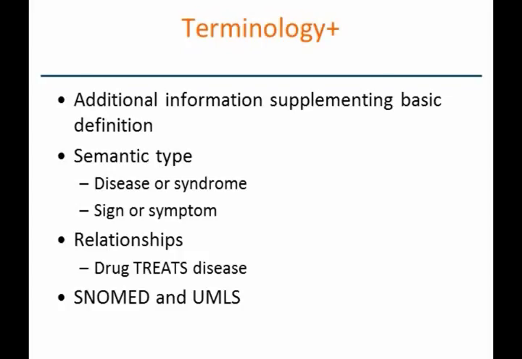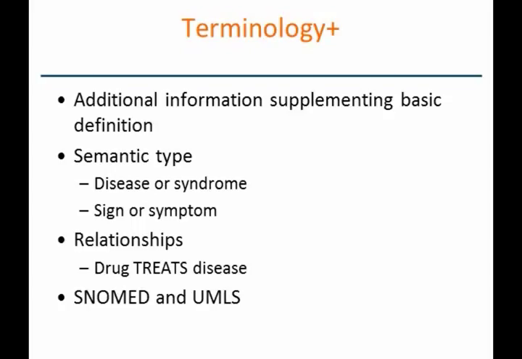Or a semantic type could be a drug, could be a procedure. So these terminologies that I'm going to speak about in a second have the semantic types, which again have been assigned by humans, just to make that clear. And they offer the user of these terminologies much more than just, here's the name of the term.